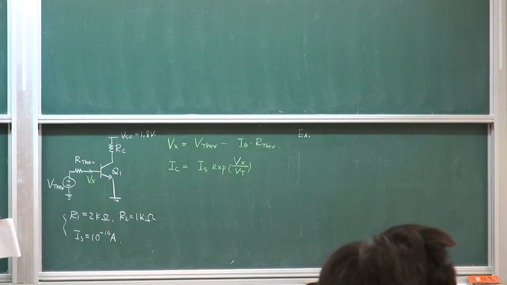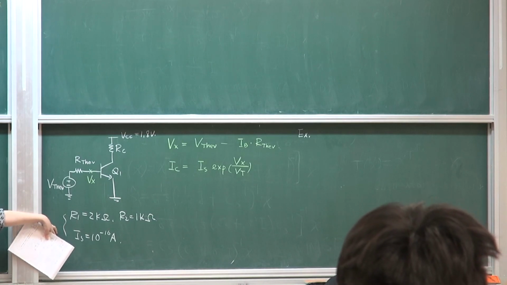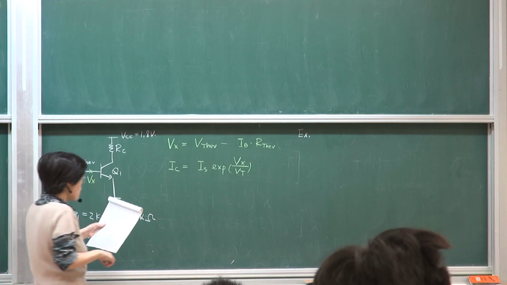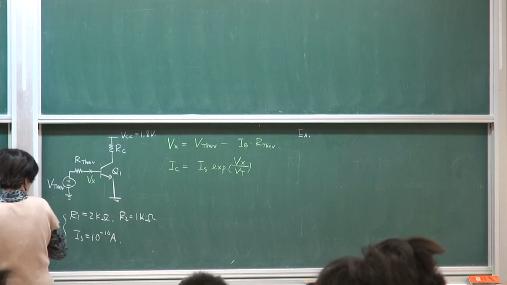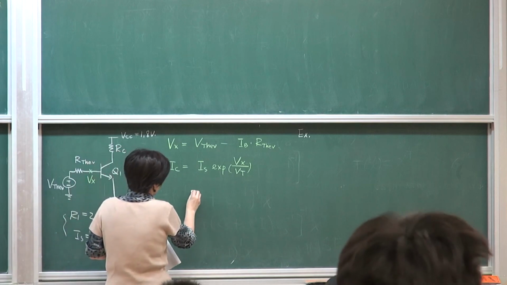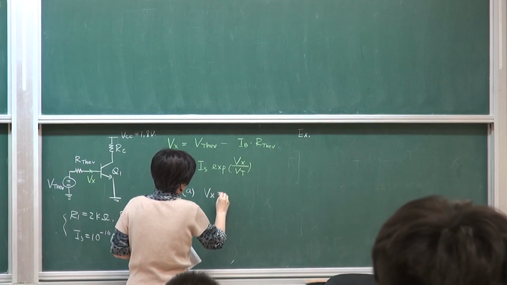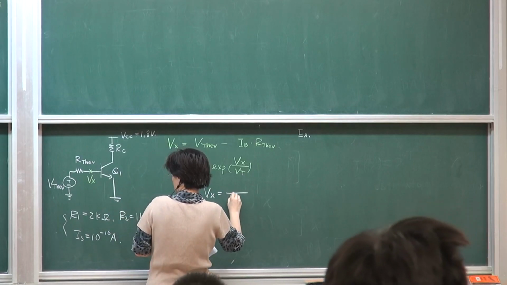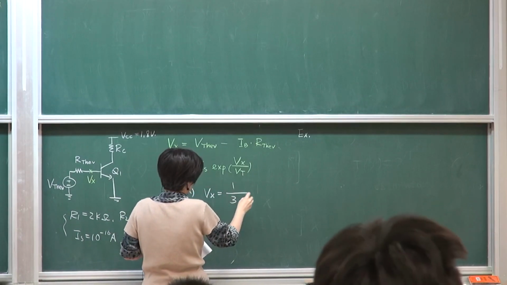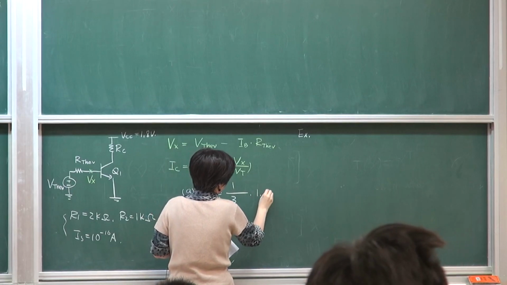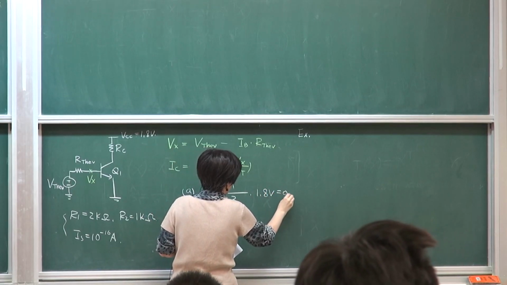So we want to calculate what is the collector current or base current. If I'm using the first model, Vx will simply be 1/3 of 1.8 volt, which is 0.6 volt.